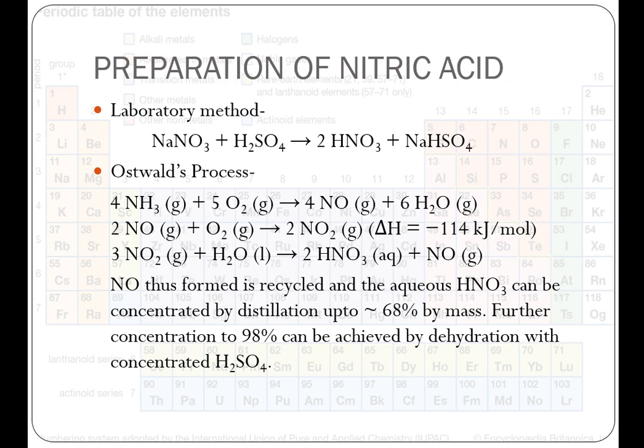Nitrogen dioxide then dissolves in water to give nitric acid. Nitric oxide thus formed is recycled and the aqueous HNO3 can be concentrated by distillation up to 68% by mass. If further concentration is required, then up to 98% can be achieved by dehydration with concentrated sulfuric acid.